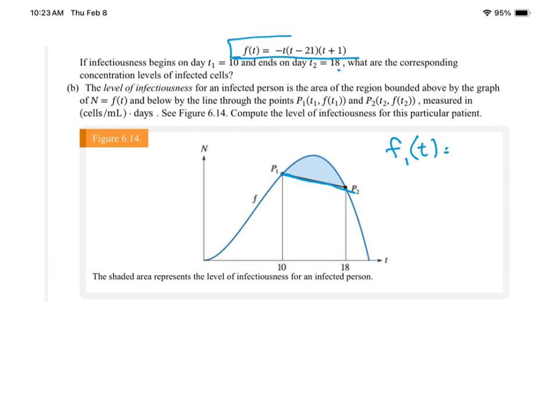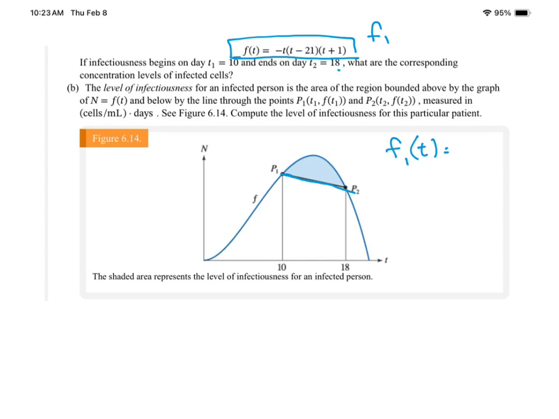Put this function right here into F1. This is not my favorite example, by the way. I can't do it.